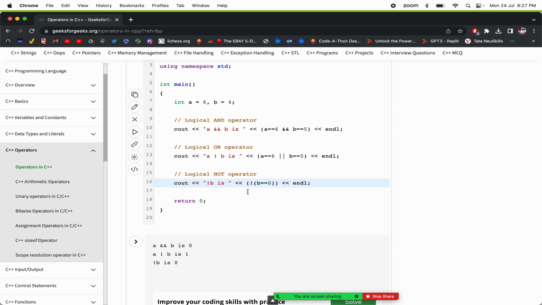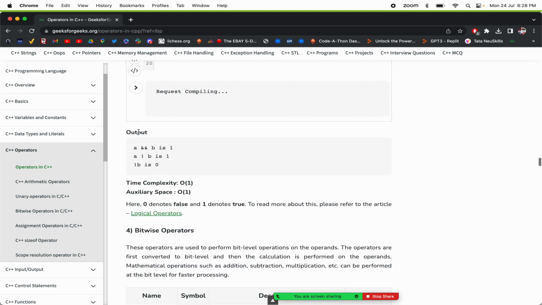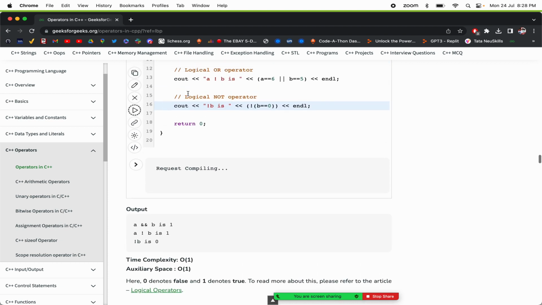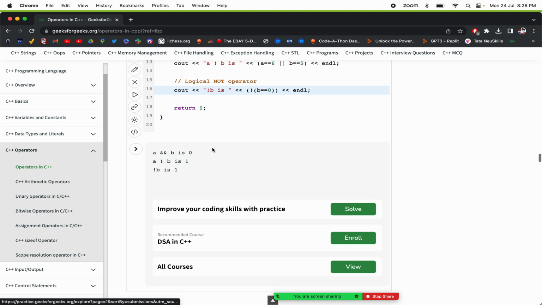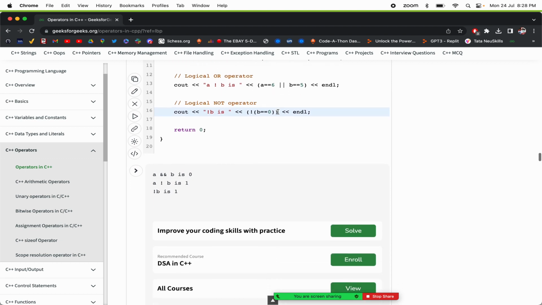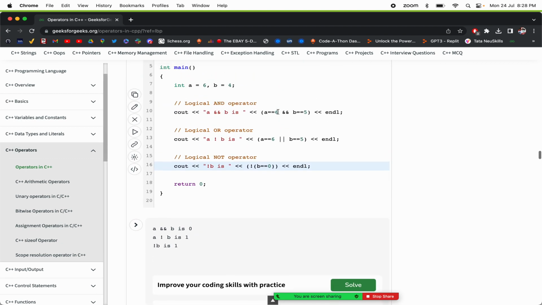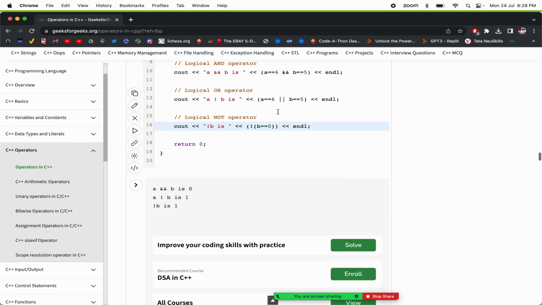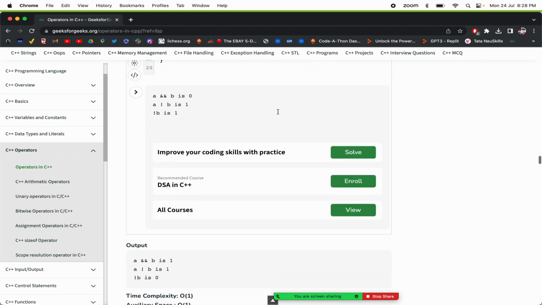But when giving the logical not operator before it, it will just reverse the result. So false will change to true, so we'll get 1, representing true. So we have seen logical or, logical and, and logical not. I hope all of these operators are clear. Yeah, they're clear. All right.